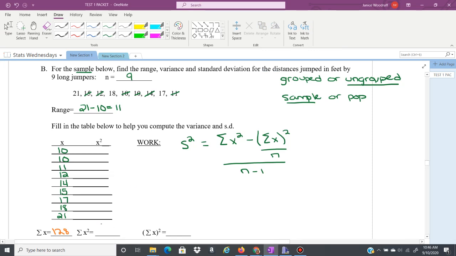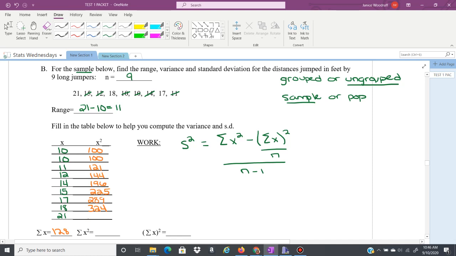Okay, then I'm going to have the x squared values. So 10 squared is 100. 11 squared, 121. 12 squared, 144. 14 squared is going to be 196. 15 squared, 225. 17 squared, 289. 18 squared is 324.